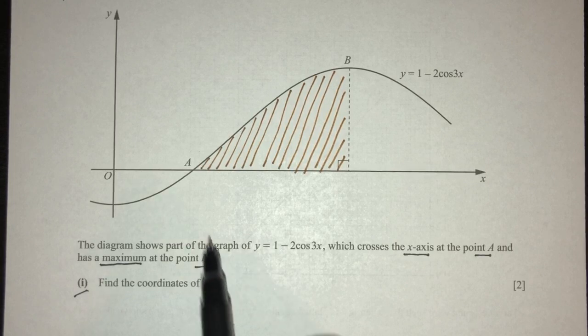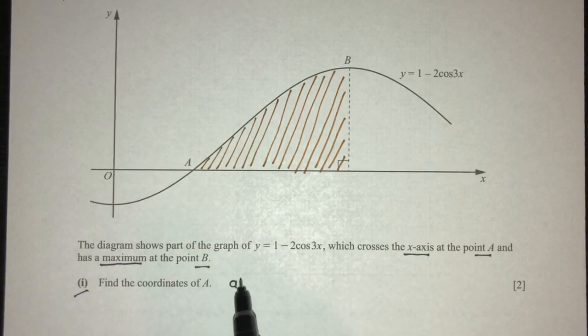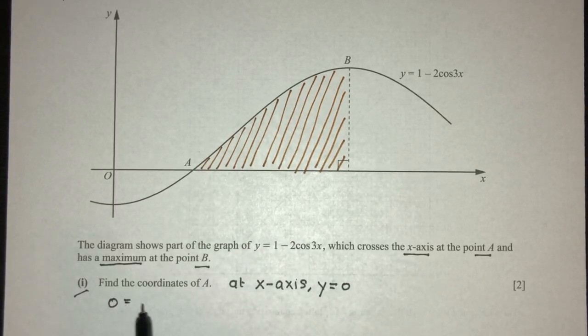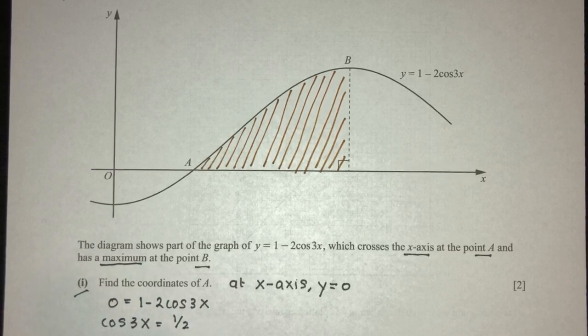So A is where it crosses the x-axis. So one thing we should know is that at the x-axis, the value of y is 0. So replace, you will have 0 is equal to 1 minus 2 cos 3x. So now we make cos 3x the subject of the formula. That will be half. So 3x will be cos inverse of half.